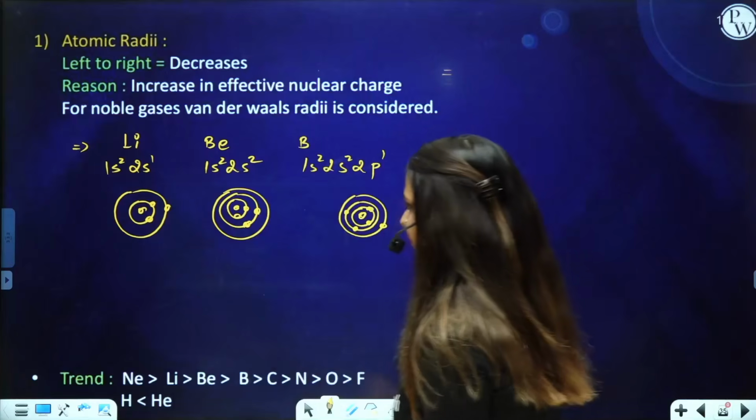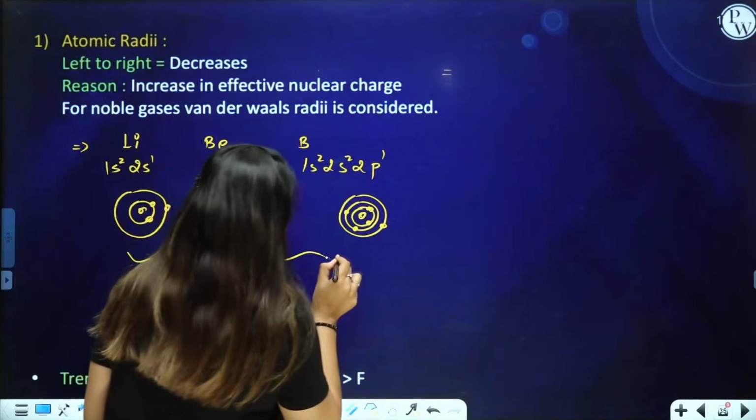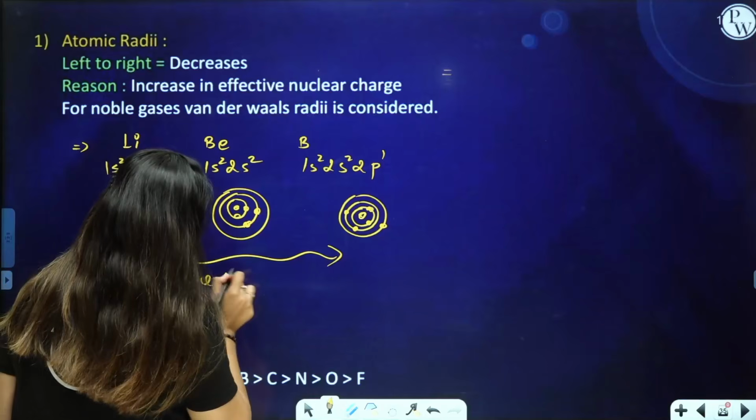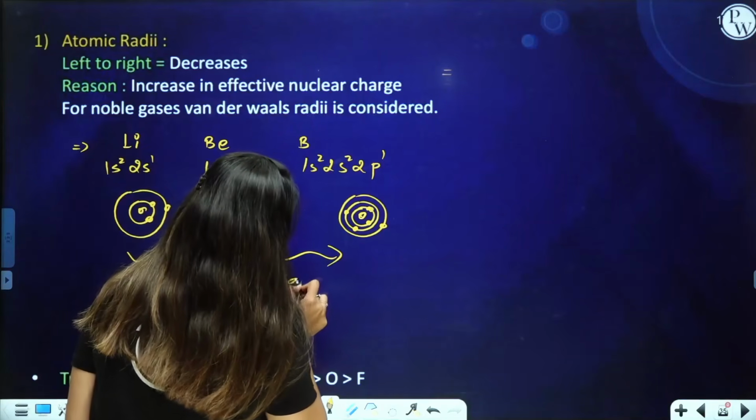So you can see, when we are moving from left to right, electrons are increasing in the same shell.